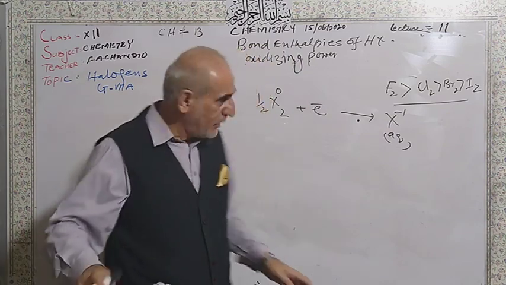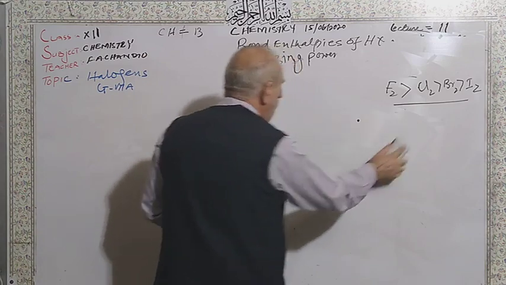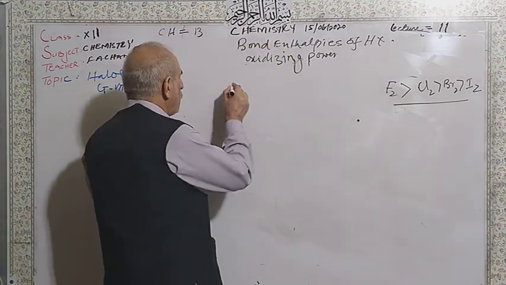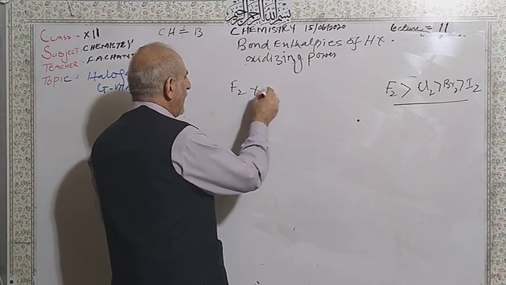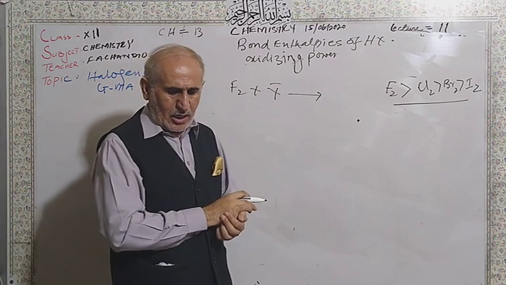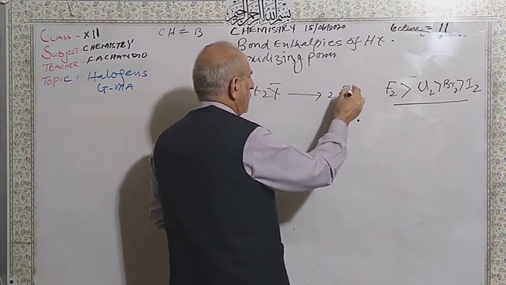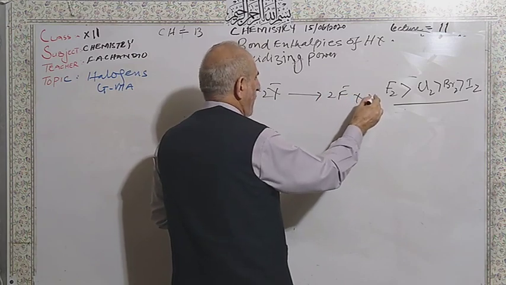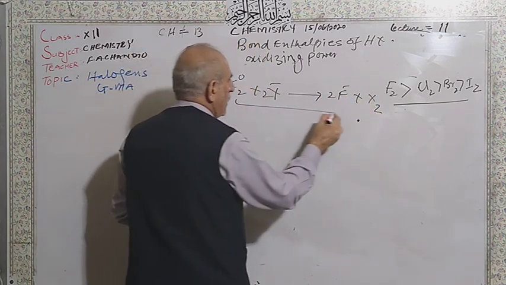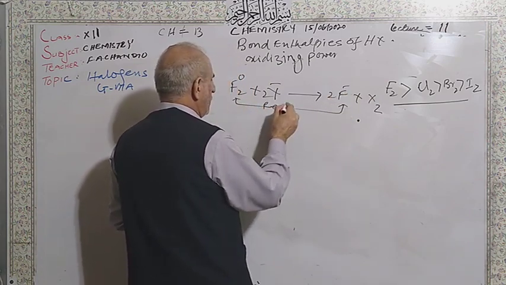It means that fluorine can oxidize all the halogens. Fluorine goes from 0 to negative, so there is a reduction.